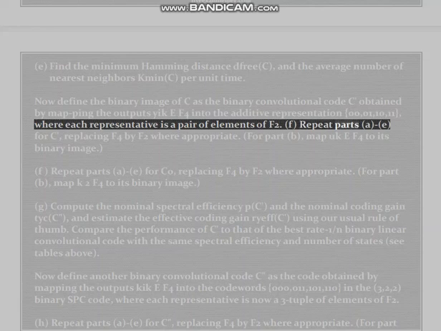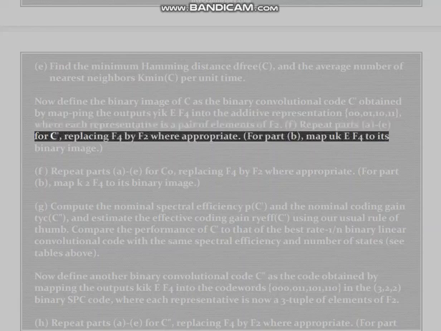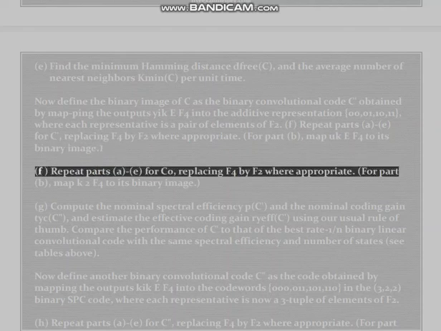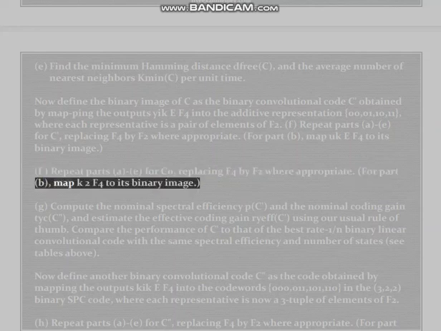F. Repeat parts A through E for C', replacing F4 by F2 where appropriate. For part B, map u_k in F4 to its binary image.